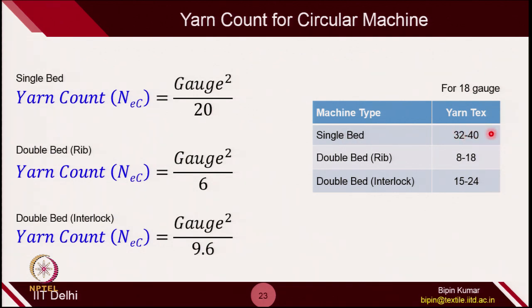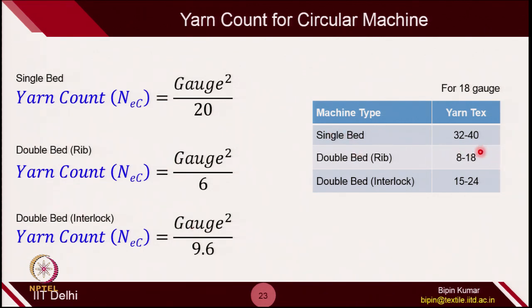So, the range is there. It is not a hard and fast rule that you need to have the exact same count. You can play plus minus 4 depending on the machine technologies, and again this is a very empirical relationship. This is derived from experience.